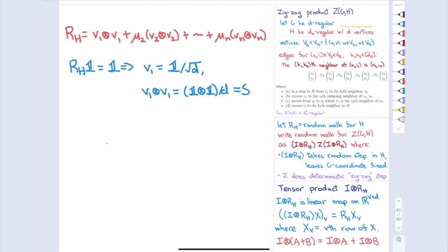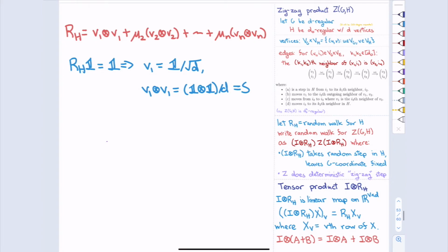In particular, that was also equal to our matrix X from before. So we can write RH as S plus the rest of the stuff.